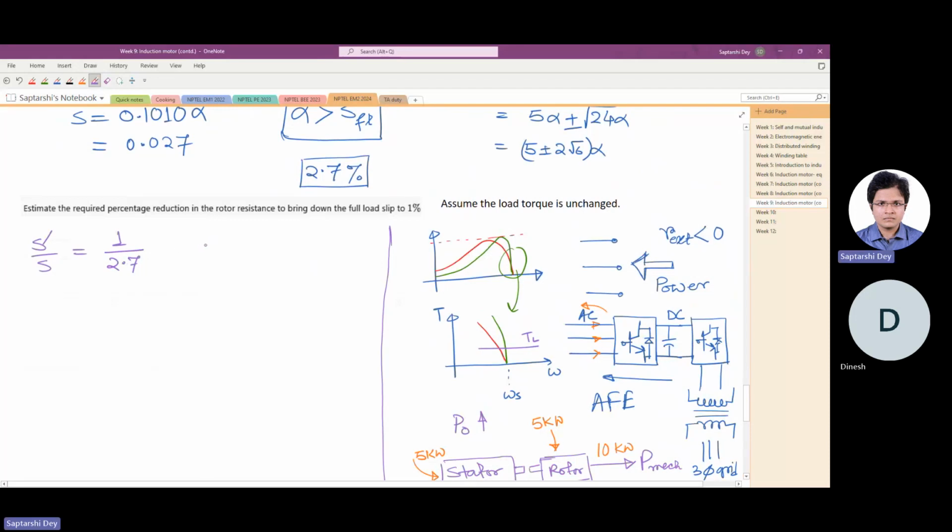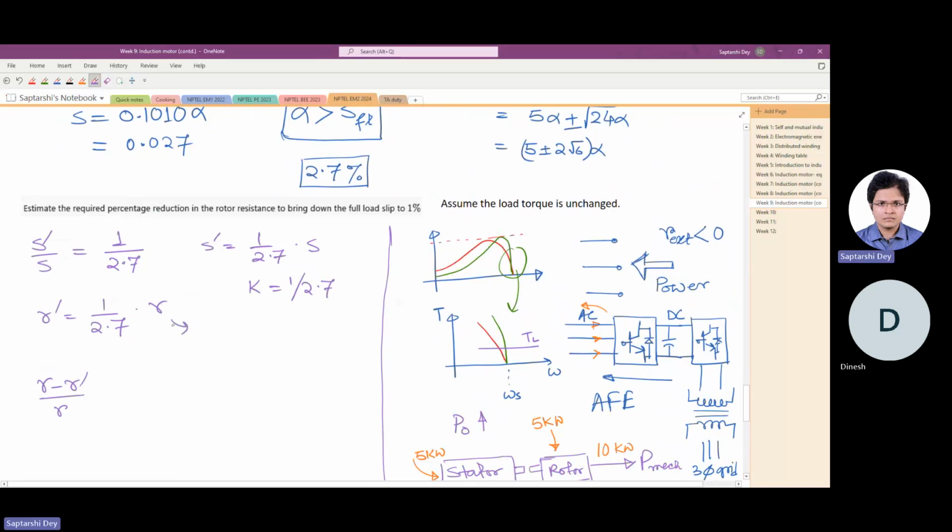So what we are getting is S primed is 1 by 2.7 times S. So our K is 1 by 2.7 in this case. So R primed will be 1 by 2.7 times R. Question is percentage reduction in rotor resistance. So what we have to find out is percentage reduction. So R minus R primed by R.